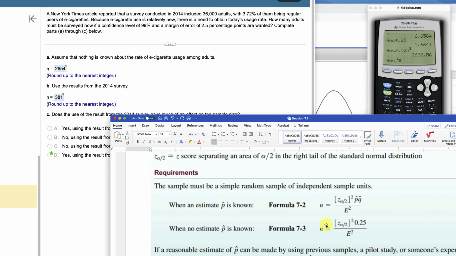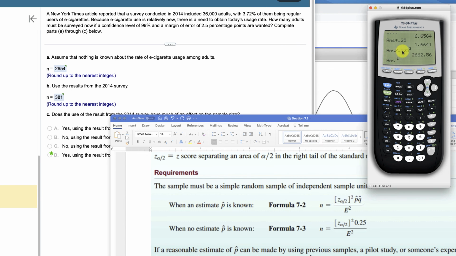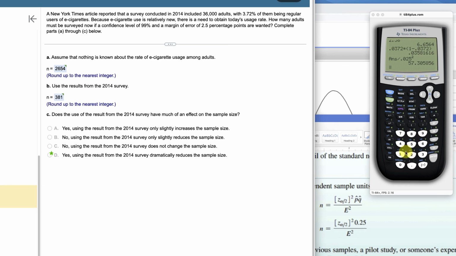So now we're going to be using this formula. P hat is 3.72, and then Q hat would be 1 minus that percentage, right? Okay, so the critical value would be 2.58 squared. Then we'll multiply that times the P hat, 0.0372, times the Q hat.